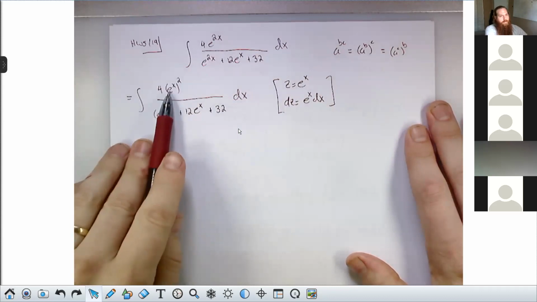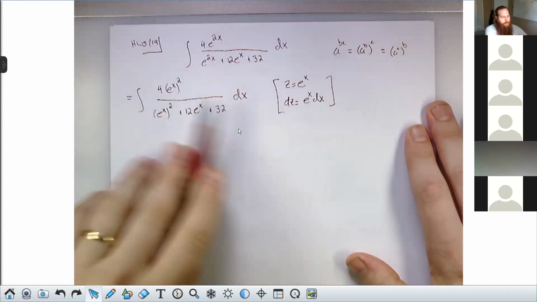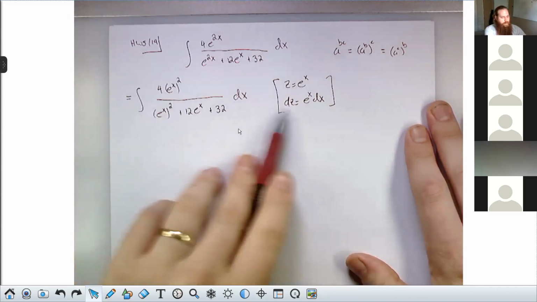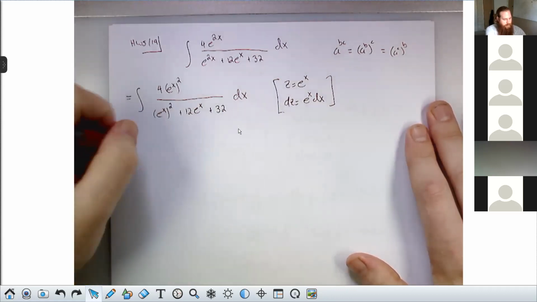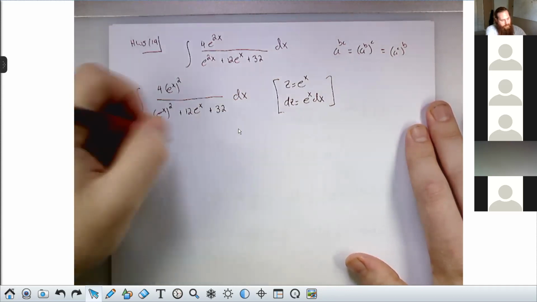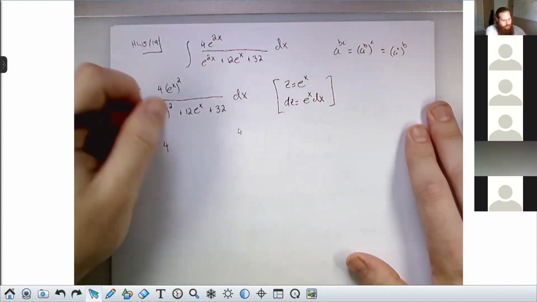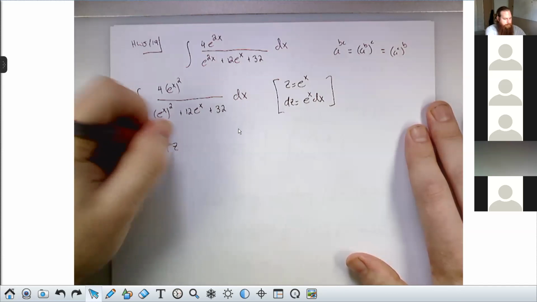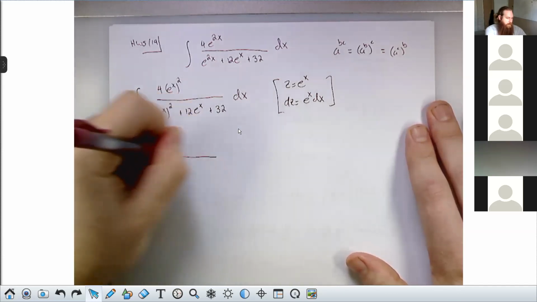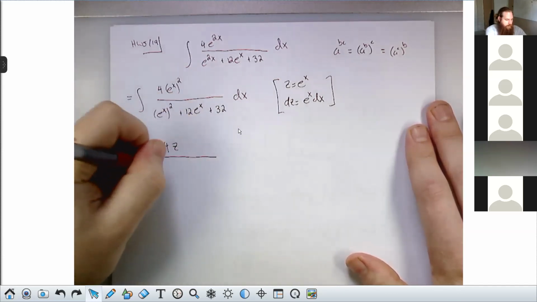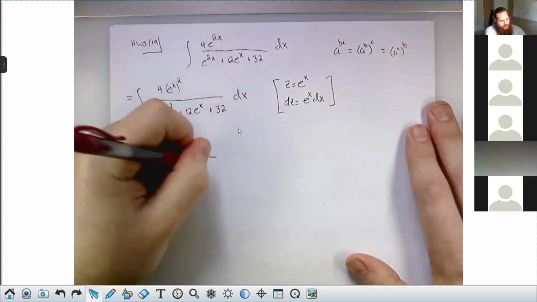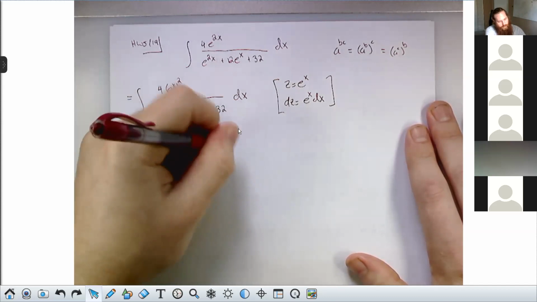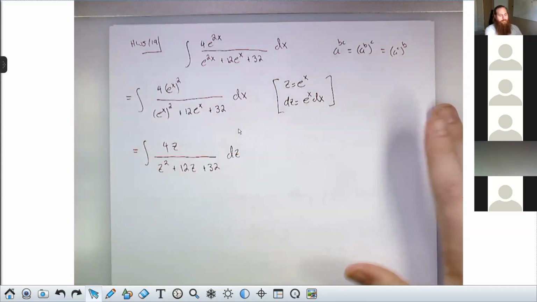So one of these e to the x's can be grouped with the dx to take care of my dz. And what's left is 4e to the x, that's 4z, over z squared plus 12z plus 32 dz.